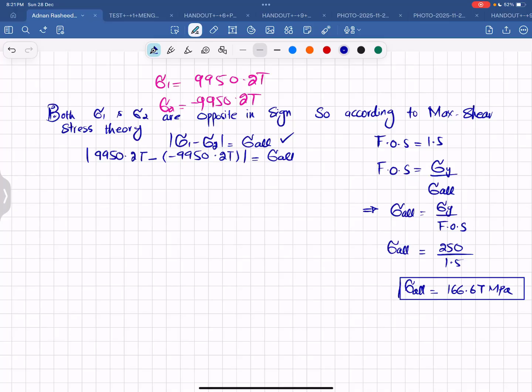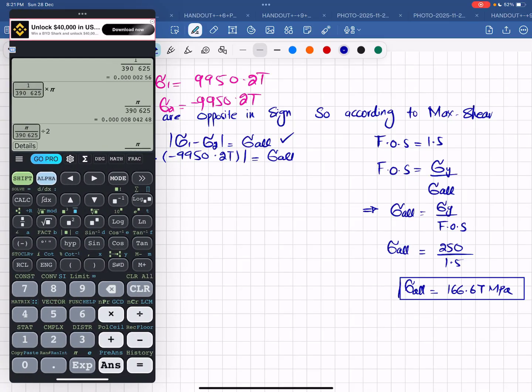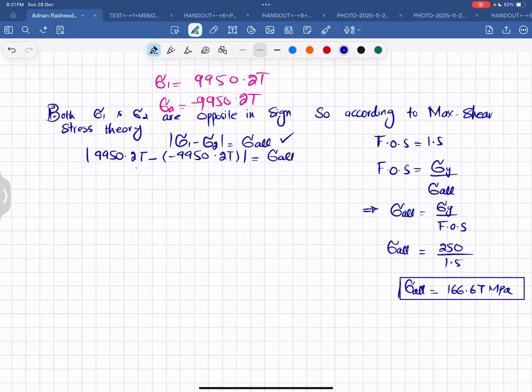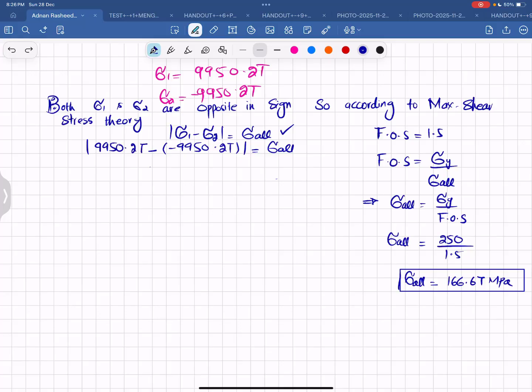So this becomes 9950.2t plus 9950.2t equal to sigma allowable, which is 166.67 megapascal, so 10 raised to power 6 pascal.